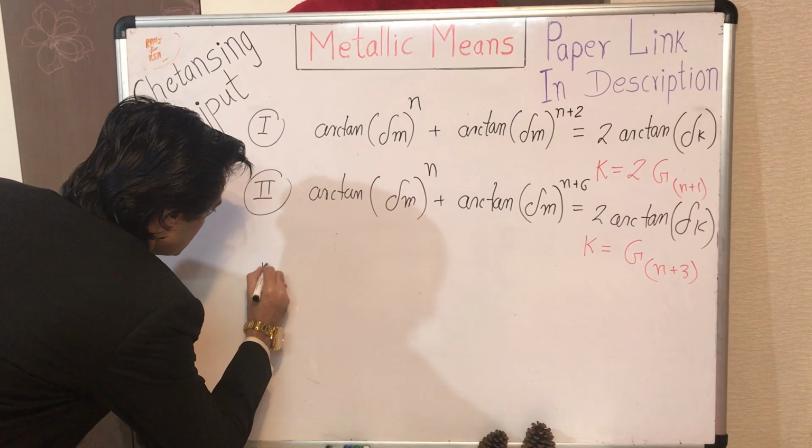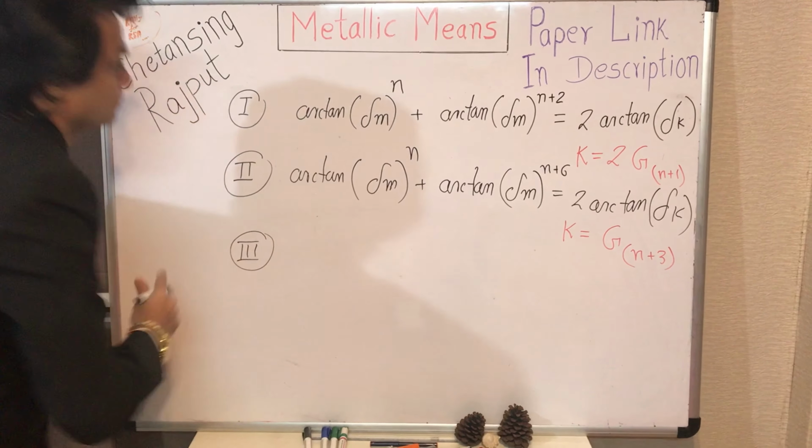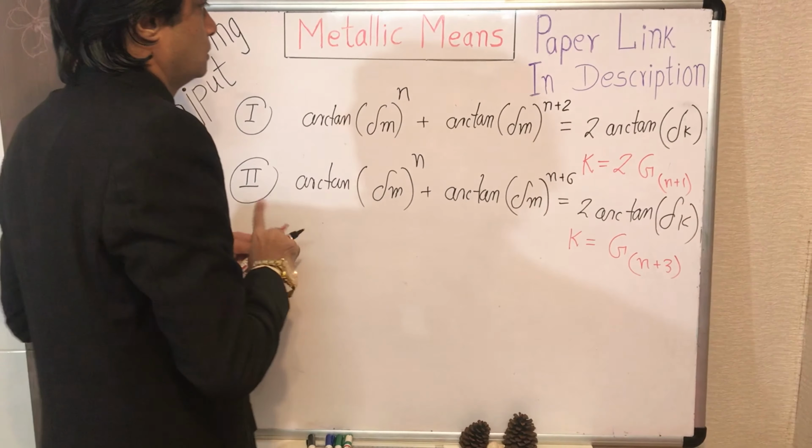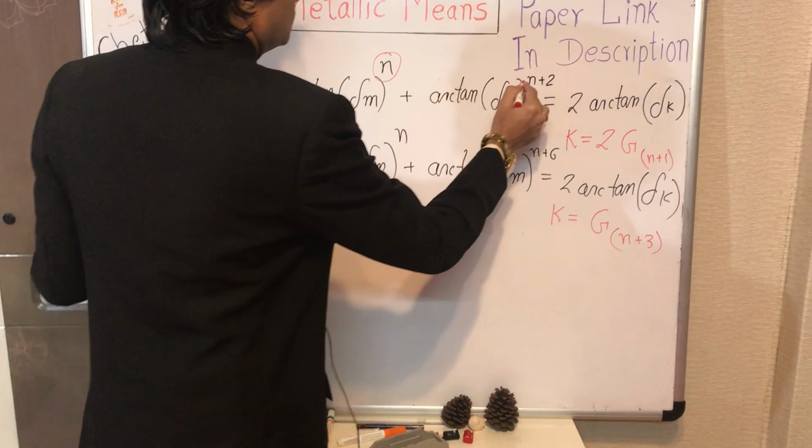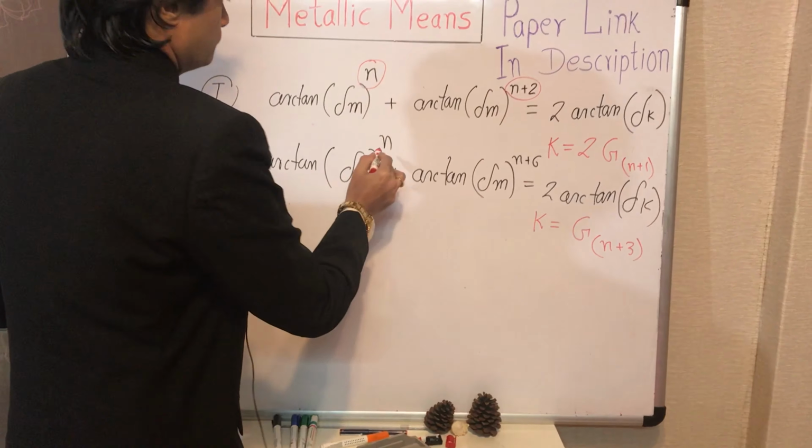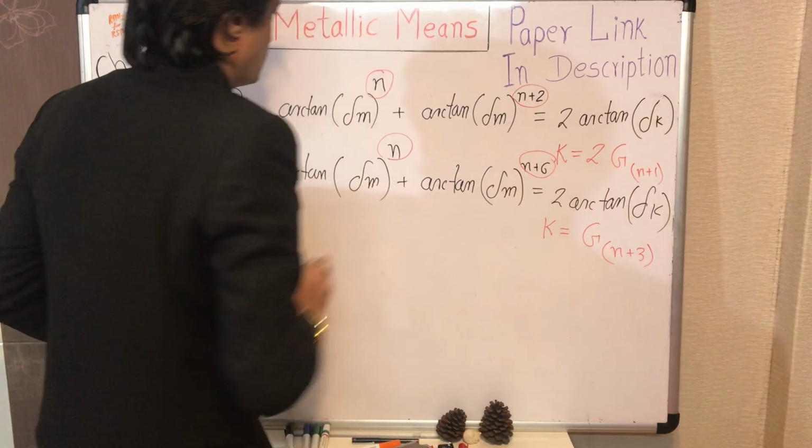And the third formula is like, see the odd powers, nth power, n plus 2th power, nth power and n plus 6th power.